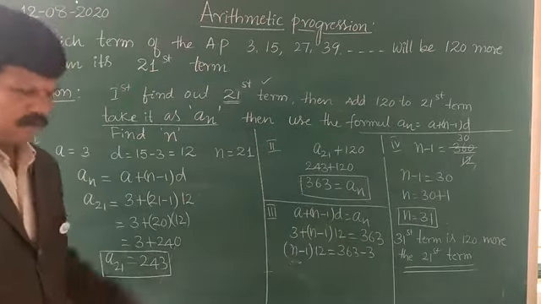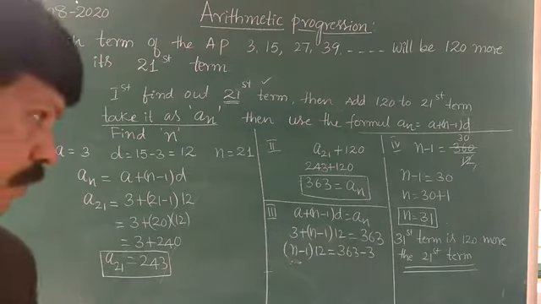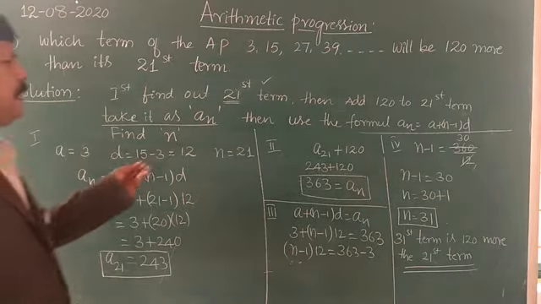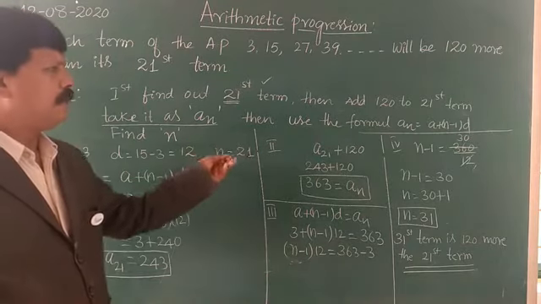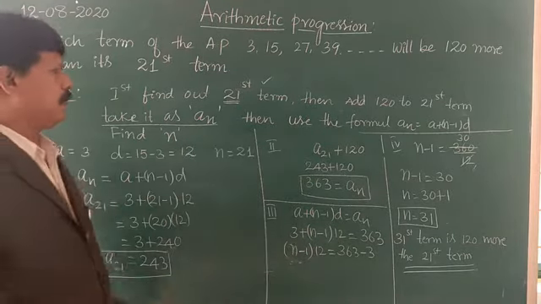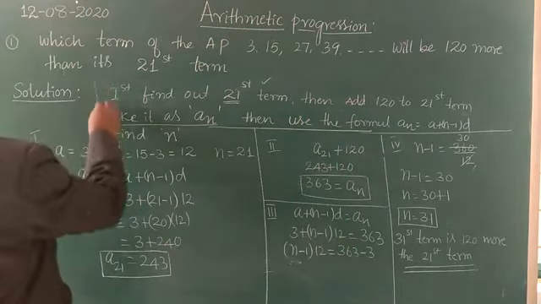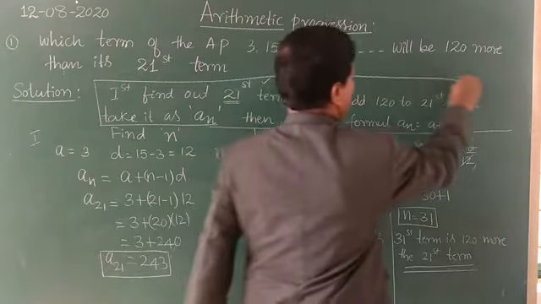Understood? So next, once again the steps. First, find out the 21st term. Then add 120 to the 21st term. Take it as an. Then use the formula an is equal to a plus n minus 1 into d.